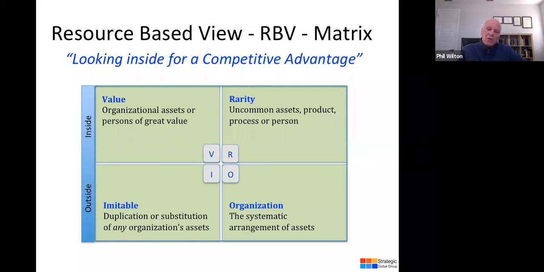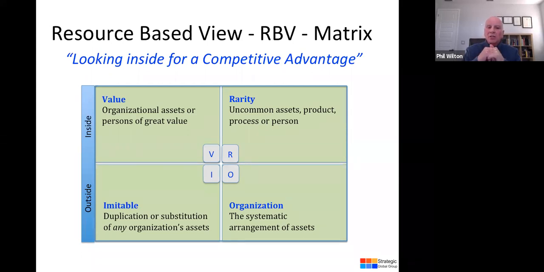What is imitable in an organization, how organizations can be duplicated or substituted, and how an organization is arranged and operates. And I've got inside and outside again, but primarily the resource-based view of strategy is a matrix that's solely and purely looking inside your organization, not outside your organization.